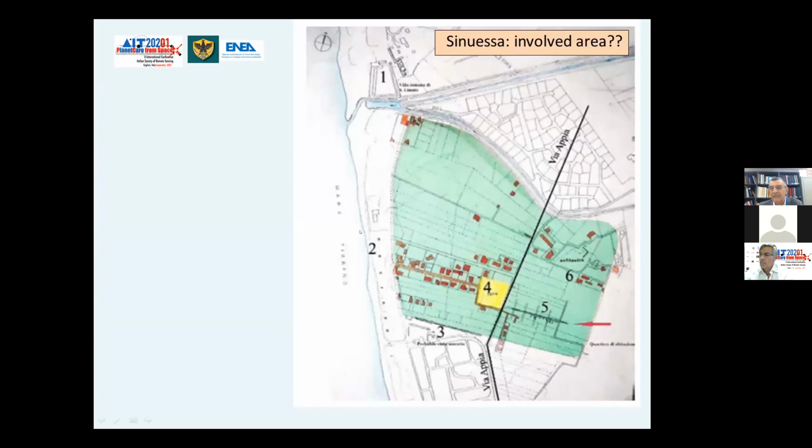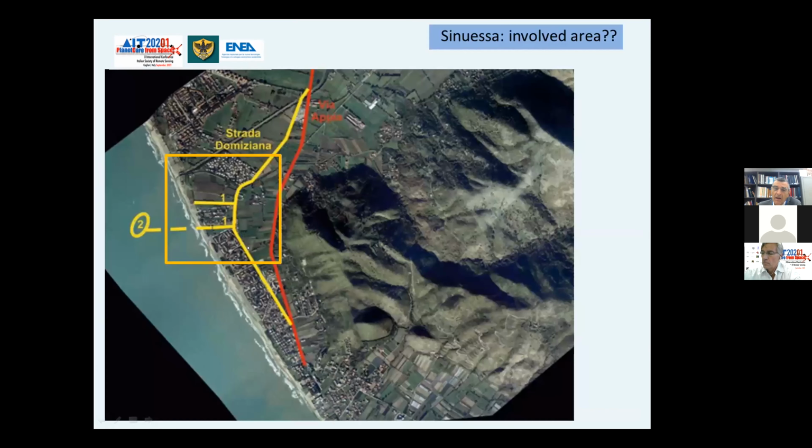This is Sinuessa. Sinuessa is a Roman site along the Tyrrhenian Sea, on the seaside, on the coast. This is an archaeological map. Here you can see the place along the old Via Appia.